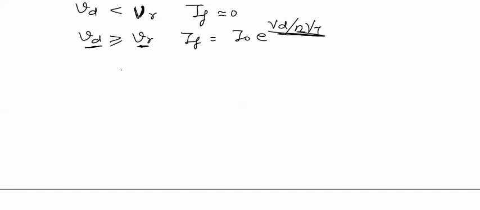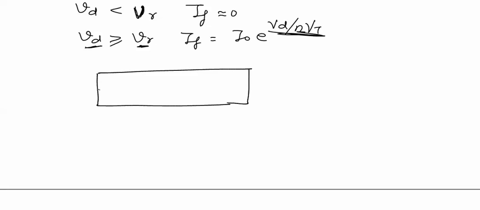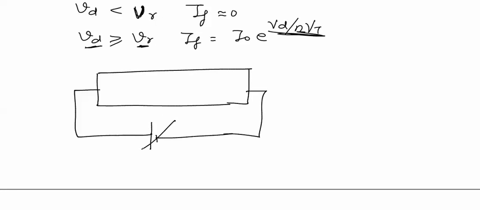Now, one more thing happens in a forward biased PN junction. When a PN junction is forward biased, with increase in applied voltage, the depletion layer width at the junction decreases.